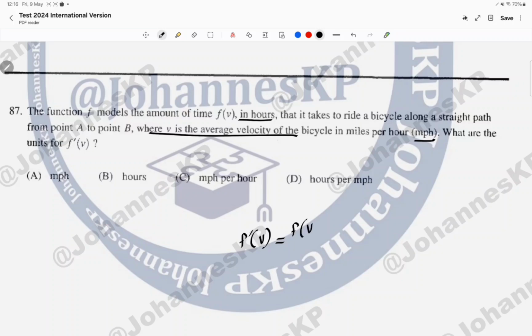F of v at the time of 2 minus f of v at the time of 1 over v2 minus v1. Just like f of b minus f of a over b minus a. The unit for f of v is hours, and the unit for v is miles per hour. So hours per mile per hour, which is D. D. Good.